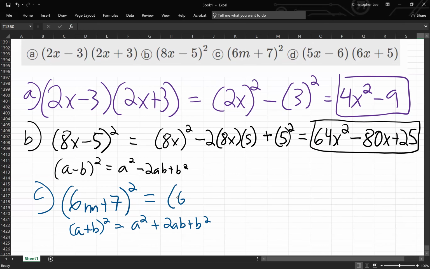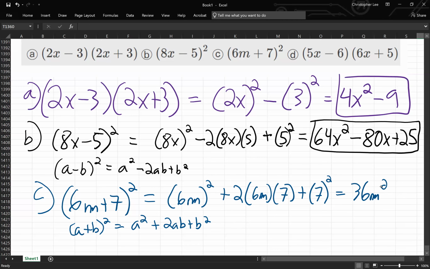What's this going to be? (6m) squared plus 2 times 6m times 7 plus 7 squared. A little bit of math. What is this? 36m squared plus, I'm not even going to hold you.